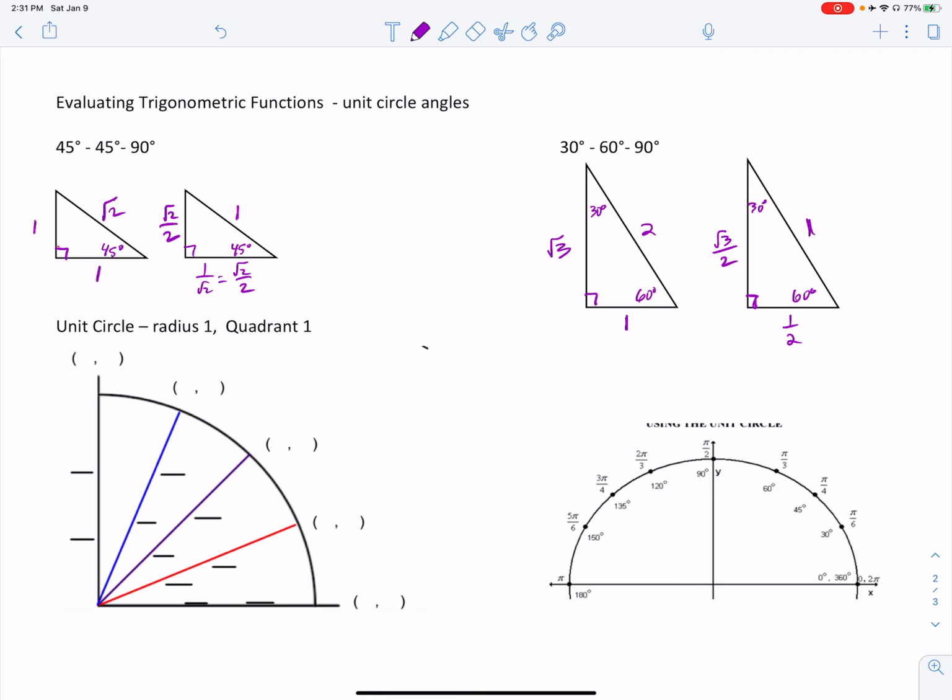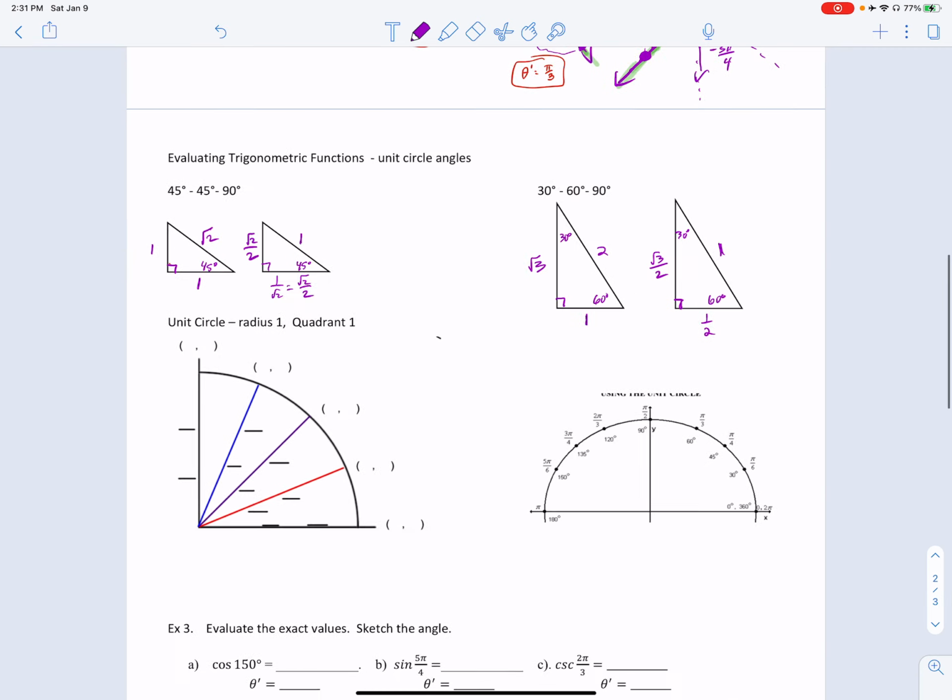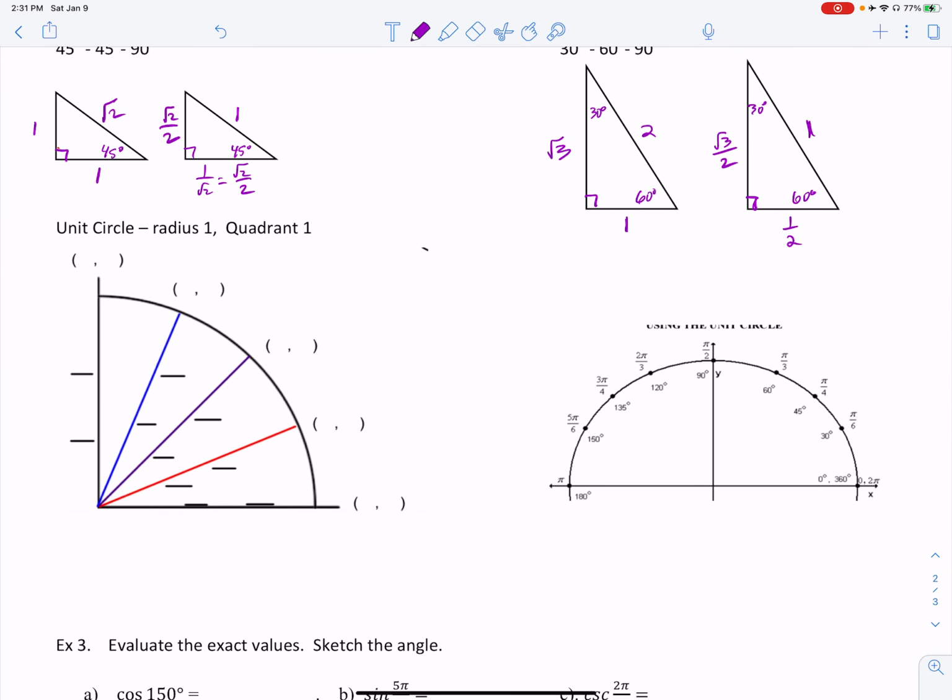So we're going to use those, and this first triangle, if I drop an altitude, I'm going to say that this angle here is 30 degrees. And so that angle in degrees is 30 degrees, and in radians, that would be a pi sixths rotation. So that's what those blanks are for.